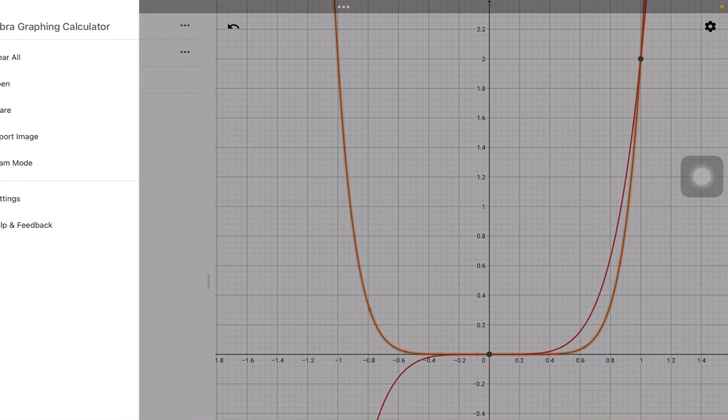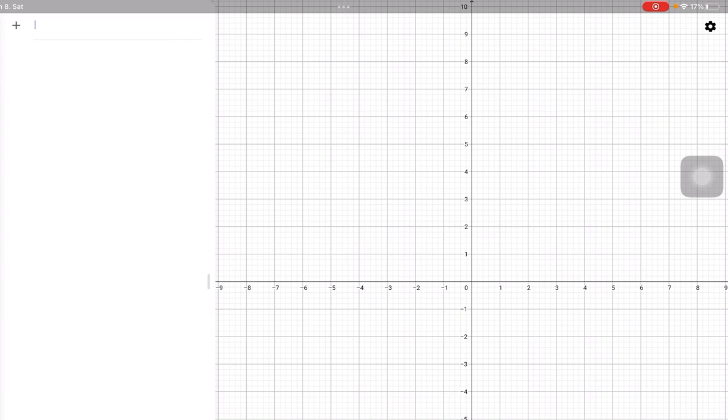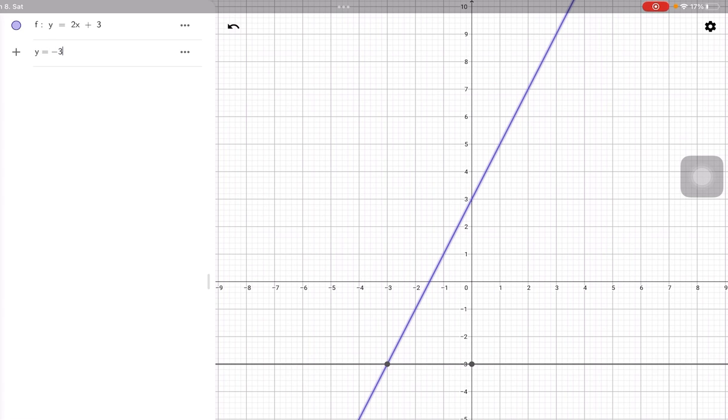The last part, when we have two lines, for example y equals 2x plus 3, and also we have a function y equals minus 3x plus 4.